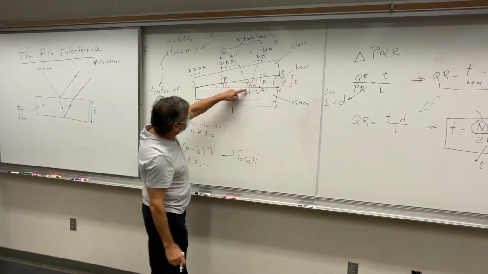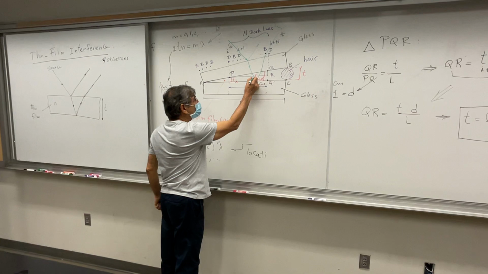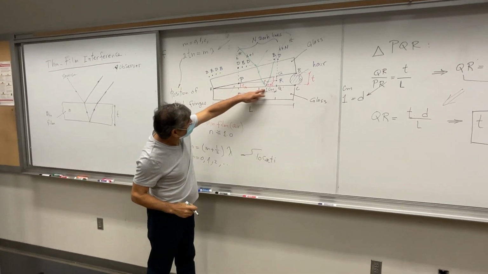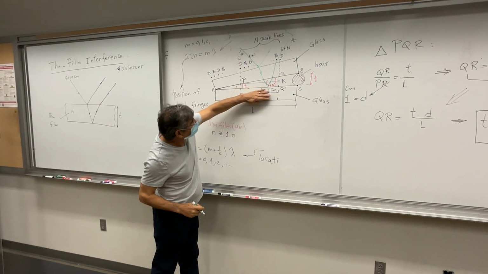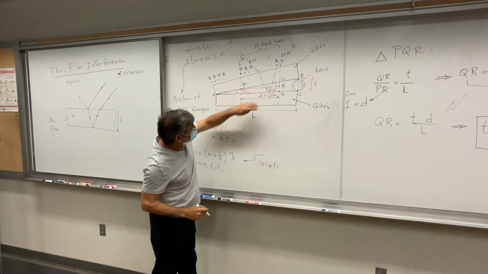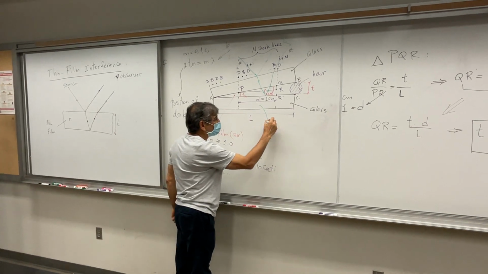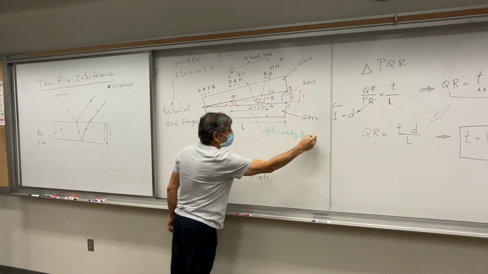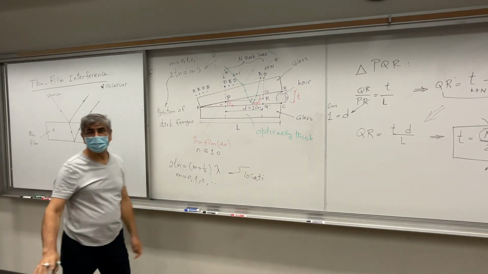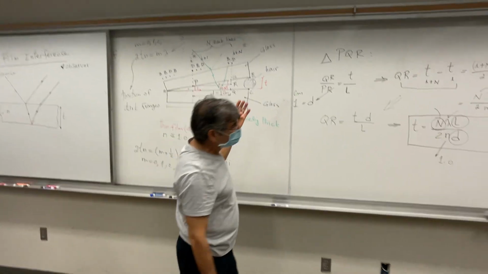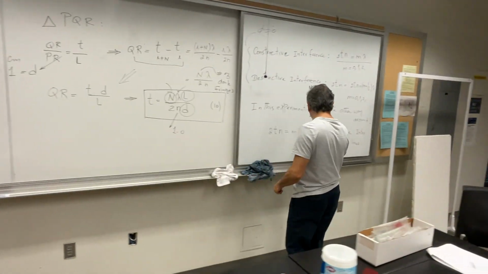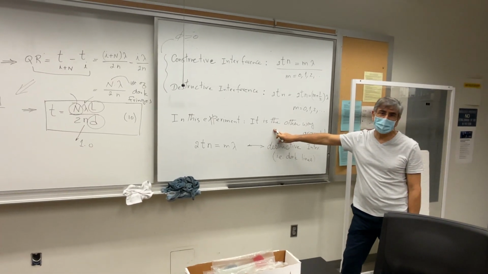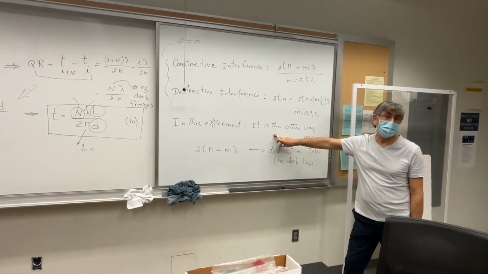Now, in here, when this ray is reflecting, as I've explained for you during the lecture times, this boundary corresponds to an optically thick environment compared to the thin film. So when it reflects, there's going to be a 180 degree or pi radian phase difference.